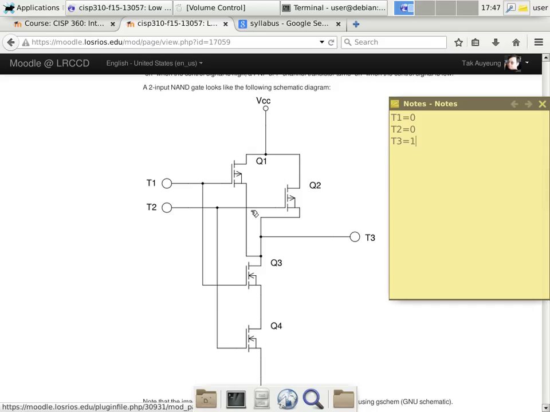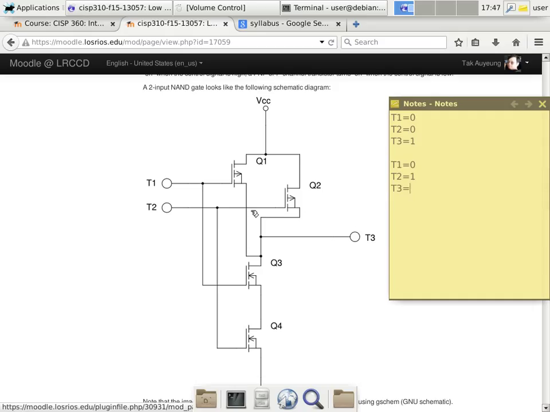Okay, so let's take a look at the second combination. T1 is low, T2 is high. What about T3 in this case? Well, let's take a look. T1 is low. When T1 is low, Q1 is going to be on. In other words, T3 will find a way through Q1 to connect to VCC.